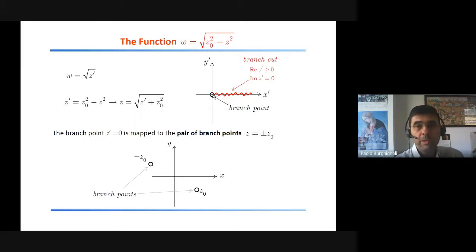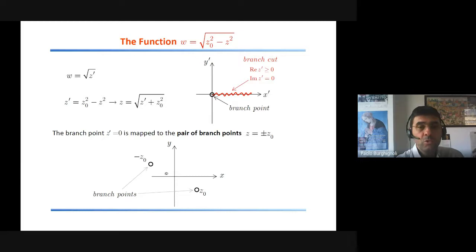Now, this branch point is mapped into a pair of points, plus and minus z0, as you can see from here. If you go from the plane of z' to the plane of z, the origin of the z' plane is mapped into a pair of points, because the square root of z0 squared gives you two possible determinations that are equal to plus z0 or minus z0.